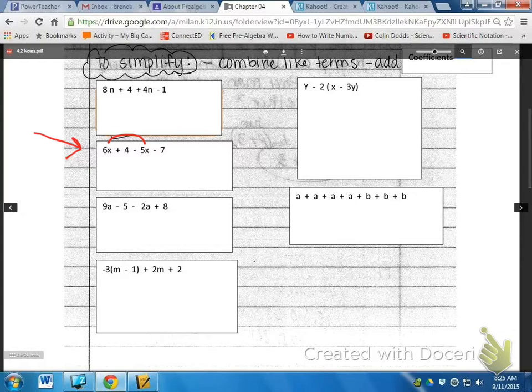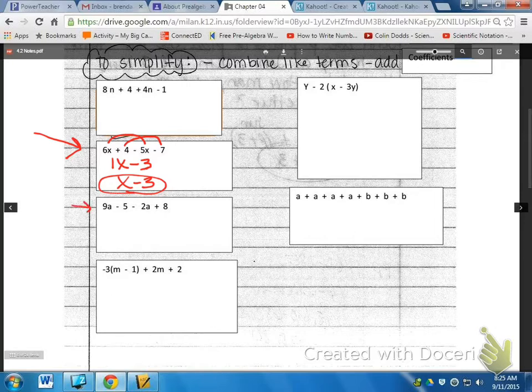And what would that be? 1x. And then what else needs to go together? The 4 and the 7. So I have 4, but I go back 7. Negative 3. Yeah. Now, on this one, you can write it like that, or we probably should get in the habit of not writing ones in front of your variables. So we would want to go ahead and say x minus 3. Very good.